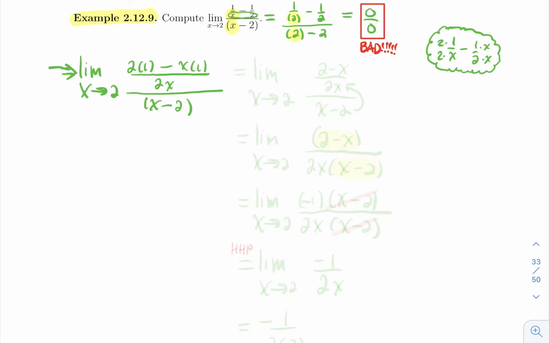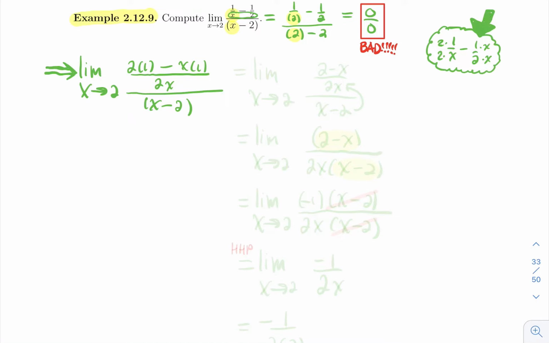So the only thing I'm doing right now is combining the two fractions at the numerator by using a common denominator, which is 2x. So I need to multiply the first fraction by 2 above and below, and I need to multiply the second fraction by x above and below.